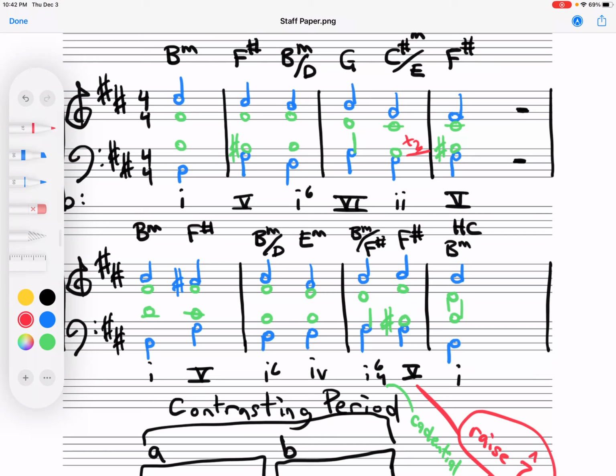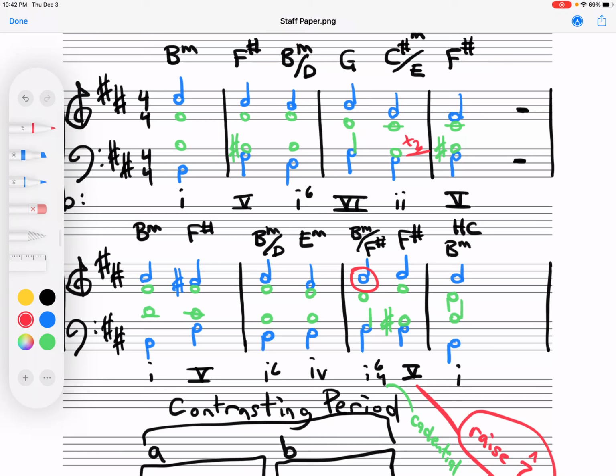I think I had a D there. Yeah, okay, so this really made a big difference. When I took this out, it kind of messed up everything because that was really the focal point of the whole thing. And when I moved it down to fix the voice leading, it kind of ruined the whole melody for me.